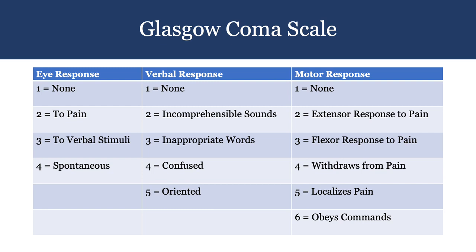For a patient with a GCS between 3 and 8, they have a severe head injury. For GCS between 9 and 12, they have a moderate head injury. And for patients who have a Glasgow Coma Scale above 12, they have a mild traumatic brain injury.